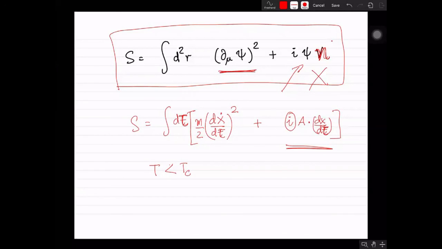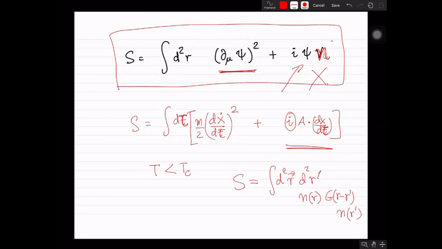And I'll generate an action in terms of vortices, and this is what you need to do: the integral of d square r, d square r prime, n of r, g of r minus r prime, n of r prime. I integrate out this psi field because it's a quadratic field.